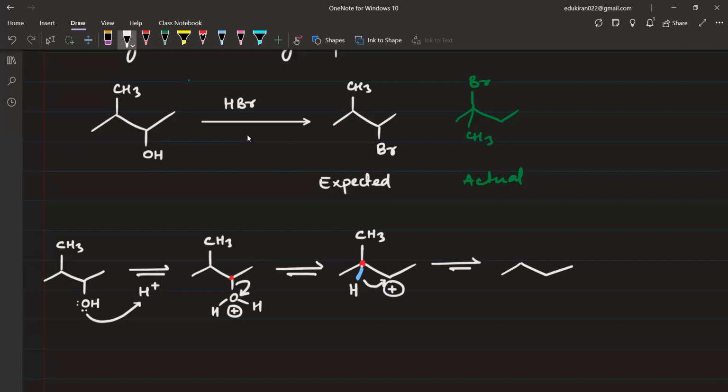So I will get something like this, with the CH3 as it is. And if the hydrogen shifts there, the hydrogen will be here, and the red carbon atom will get a positive charge.